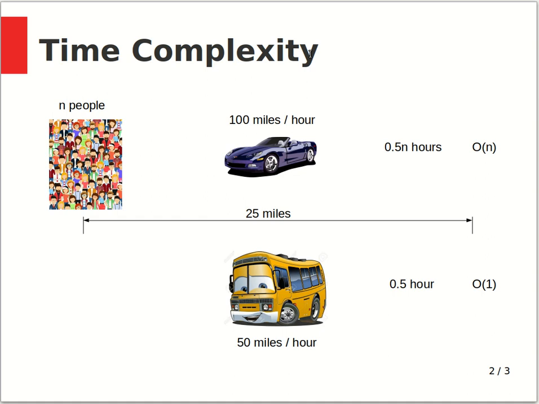And when we do this kind of time complexity analysis, what people care about is not the exact amount of time, the exact number of microseconds or nanoseconds it's going to take to finish a particular program. People care about the dependence of the runtime upon the size of the problem.